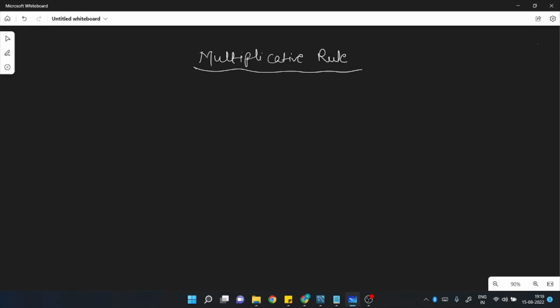In a similar manner, for the multiplicative rule, we will also see two kinds of events: independent events and dependent events. We already knew about mutually exclusive and non-mutually exclusive events, but I don't think we are aware of dependent and independent events.